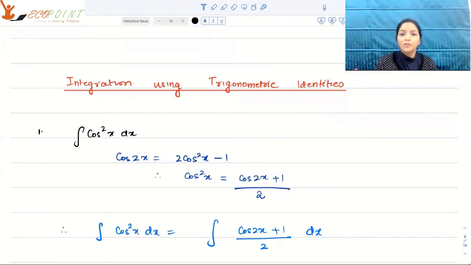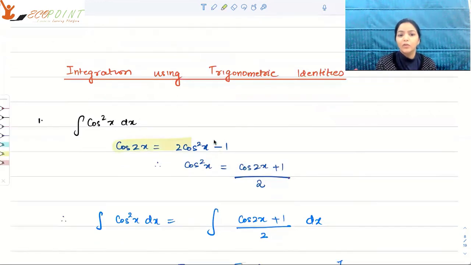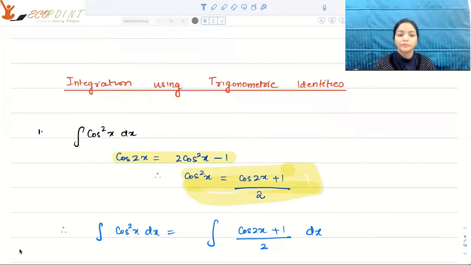Recall cos 2x is 2 times cos square x minus 1. So cos square x is cos 2x plus 1 upon 2. So the integral of cos square x becomes cos 2x plus 1 upon whole thing upon 2 dx.